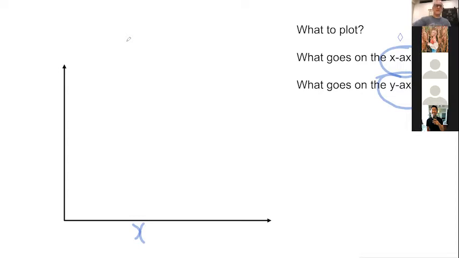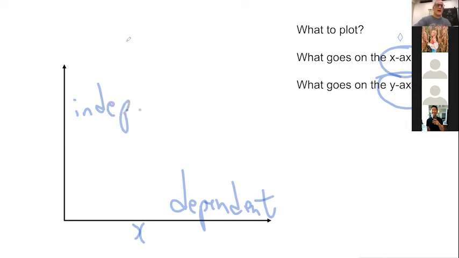We put the dependent variable on the x-axis, and we put the independent variable on the y-axis. So in this situation, which one is the dependent variable?